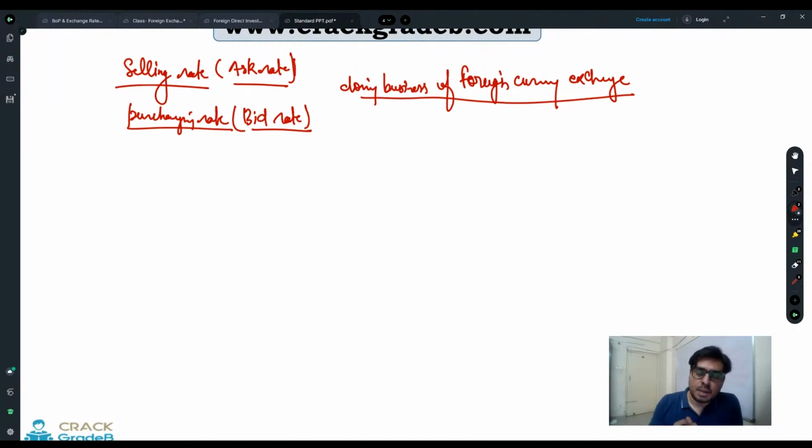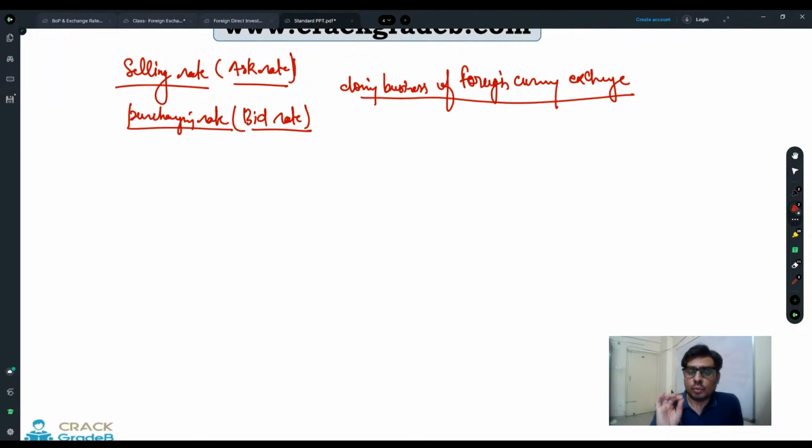These are people who want to make money by selling and purchasing foreign currency, right? There are some people who are trading foreign currency, and their objective is to make money by selling and purchasing the foreign currencies.